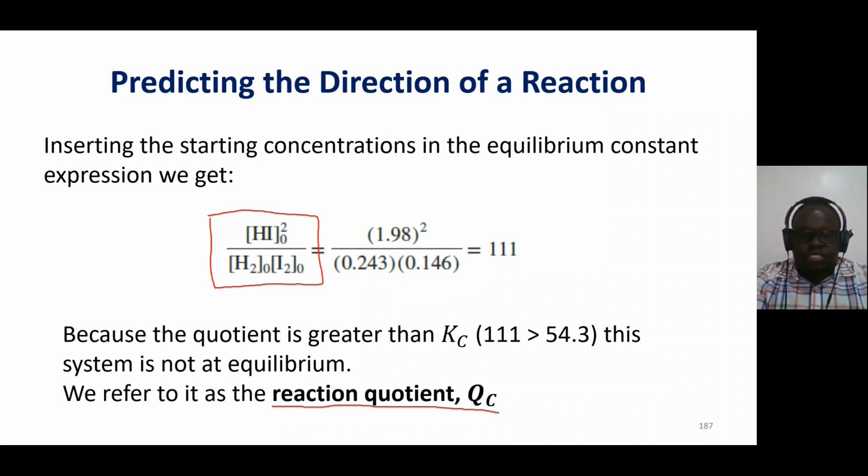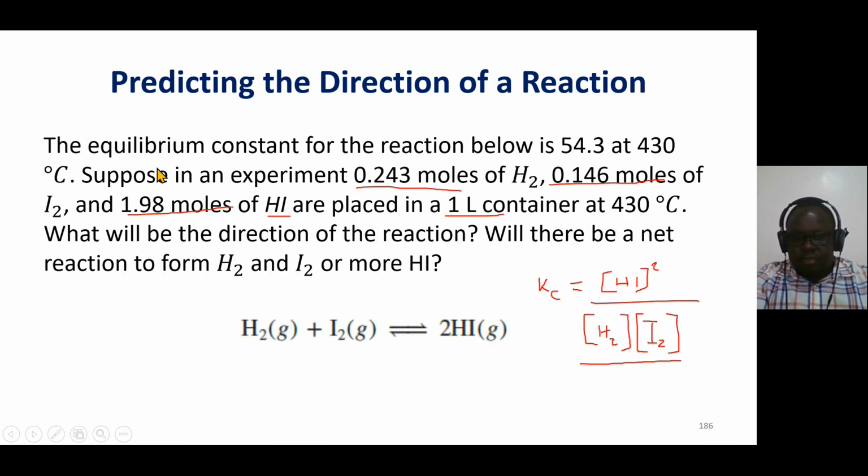Those are the initial concentrations. When you calculate this, you get a value of 111 as the value of the quotient. So this quotient is greater than Kc. Remember, we are told that the equilibrium constant for this reaction is 54.3 at 430 degrees Celsius.